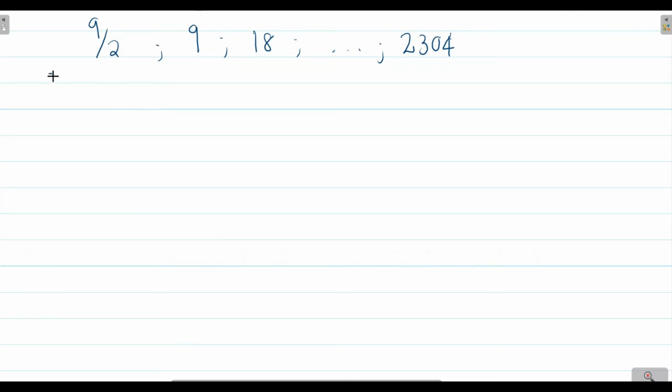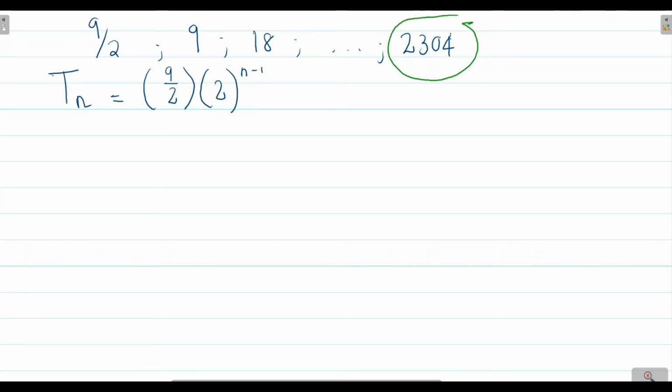We found that the formula for the nth term is 9/2 times 2 to the power of n-1. And now we need to find out at what position this term is in our geometric sequence.